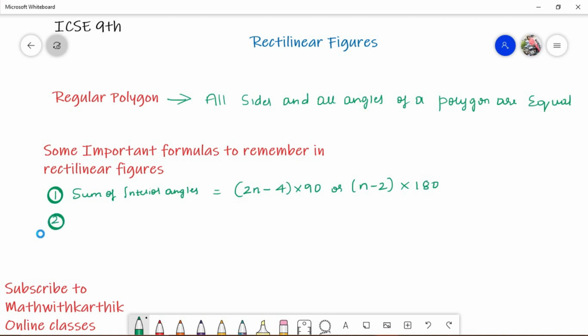Second one, interior angle plus exterior angle is 180.